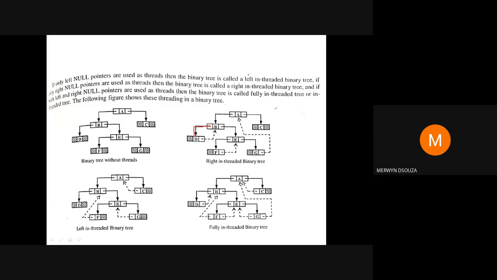If this is drawn solid, it means that D is the left child of B. Whereas if you draw a dotted arrow like it is shown here, that means B is the in order successor of D. This is a thread when you draw dotted arrows. You have to make sure you draw dotted arrows for threads.